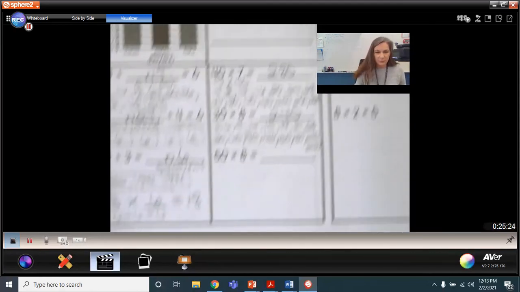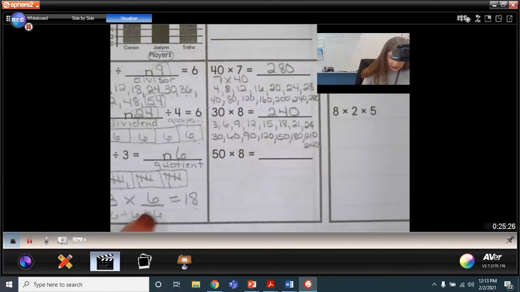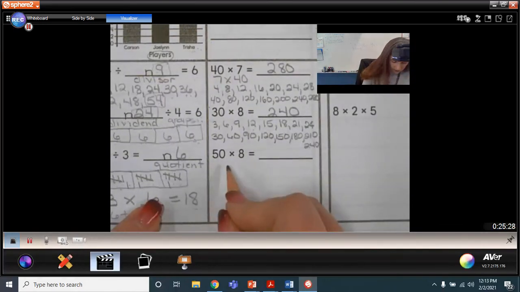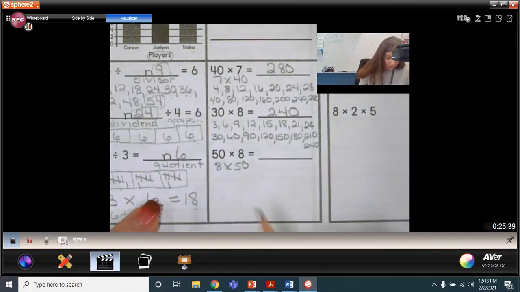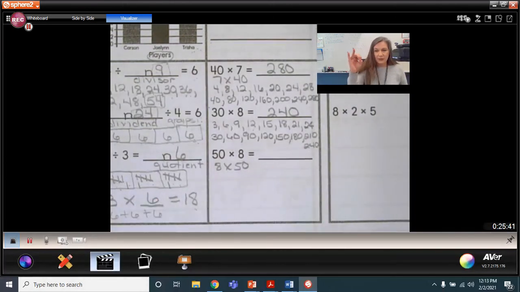And finally, 8 groups of 50, or 50 groups of 8. Counting by 50s can be fairly easy because we can count by 5s, right? If I were to count by 5s, I could go 5, 10, 15, 20, 25, 30, 35, 40.